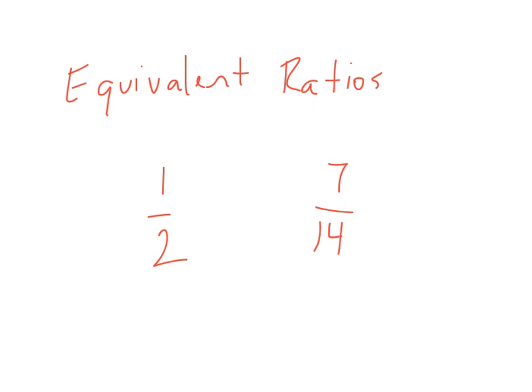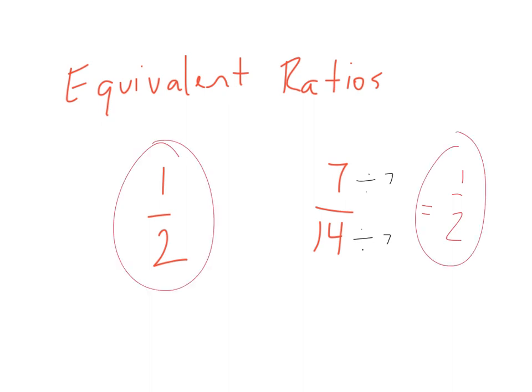Why? Well, with 7 to 14, or 7/14, I could divide both the top and the bottom by the greatest common factor of those two numbers, which is 7, and it would simplify down to 1/2. It's 1 over 2 and this is 1 over 2. So 1/2 and 7/14 are what we call equivalent ratios.